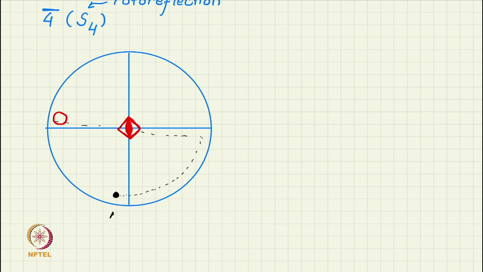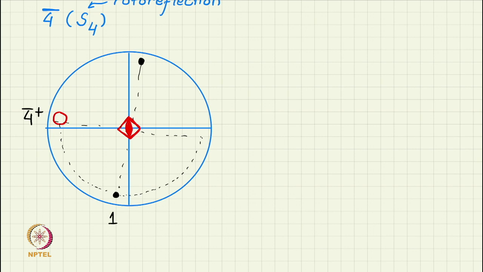So, if this was 1, this is 4 bar plus. One more step of 90 degree anti-clockwise rotation and inversion brings it up and changes its handedness. So, it is back to the same handedness as the original object.